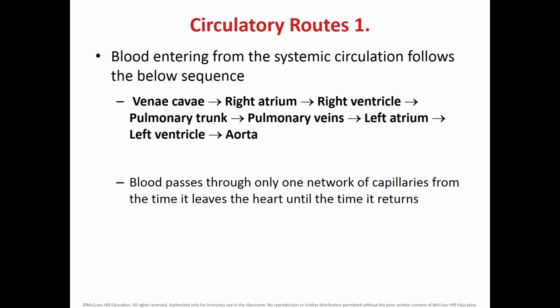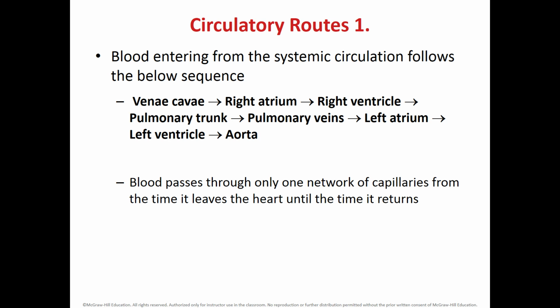The blood from the right atrium will go into the right ventricle, which will go into the pulmonary trunk, and then you oxygenate the blood. You will return it into the heart using the pulmonary veins, and the pulmonary veins will drain the blood into the left atrium, and then from there the left atrium will bring the blood into the left ventricle and then into the aorta.